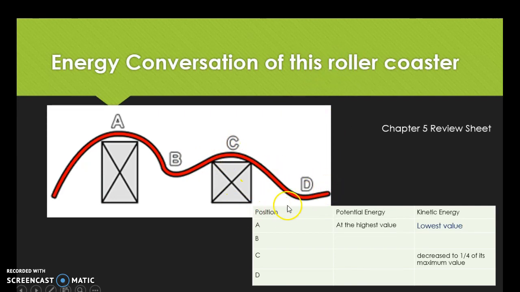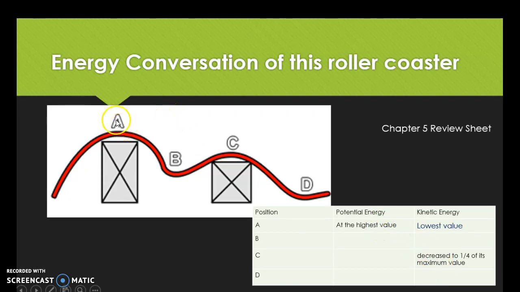So at the end of our drawing, that's our lowest point in the diagram, and our A is at the highest point. Now, with our diagram in the review sheet, it had A, potential energy completed, and C, kinetic energy completed.